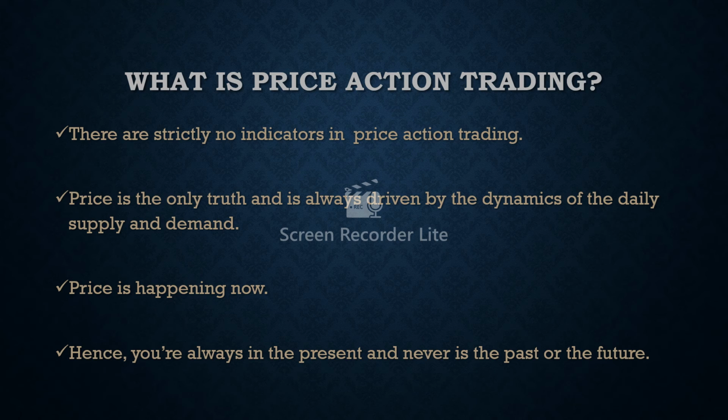There are strictly no indicators in price action trading. Price is the only truth and is always driven by the dynamics of daily supply and demand. Price is happening now, hence you're always in the present and never in the past or the future.